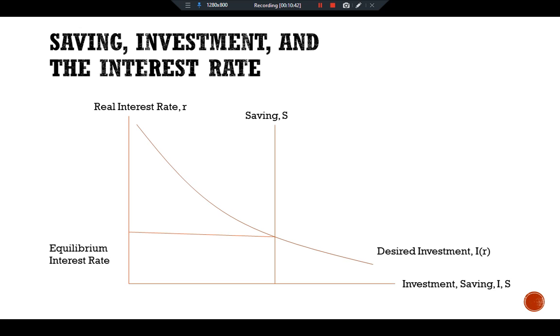Because the quantity of loanable funds supplied is greater than the quantity demanded, the interest rate falls. The equilibrium interest rate is found where the two curves cross. We can see here we have an equilibrium point. At the equilibrium interest rate, the household desire to save balances the firm desire to invest, and the quantity of loanable funds supplied equals the quantity demanded.